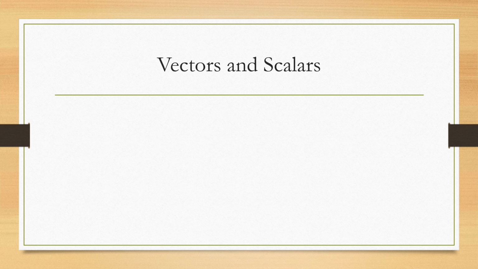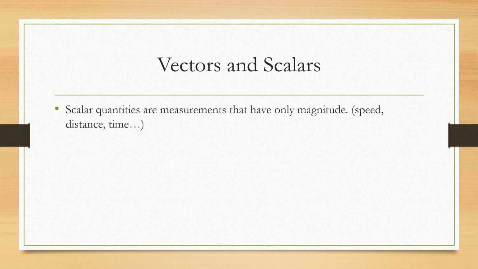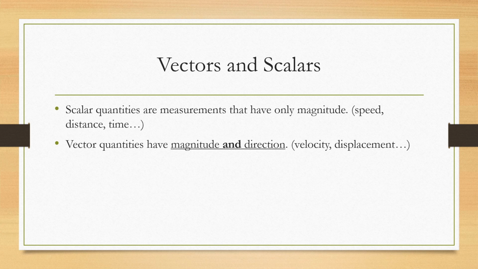So vectors and scalars. I've mentioned vectors a couple times already, so now I'm going to talk about what they are. But first, I'm going to talk about scalars. Scalars are what we're used to. It's what we've been using so far. They're measurements that are only in magnitude. So speed, distance, time. We're only worried about how much. We're not worried about direction or anything else. Vector quantities, now we're worried about magnitude and direction.